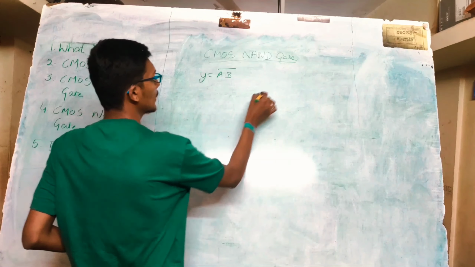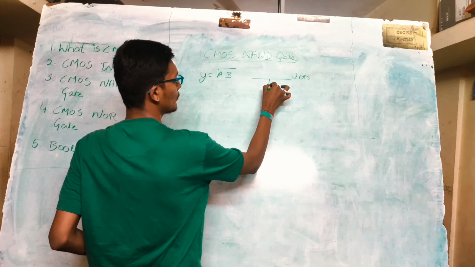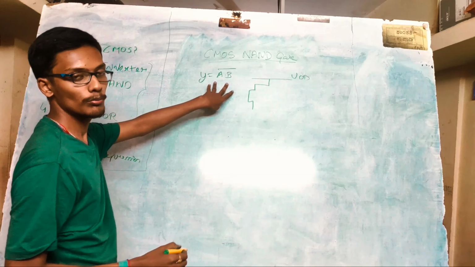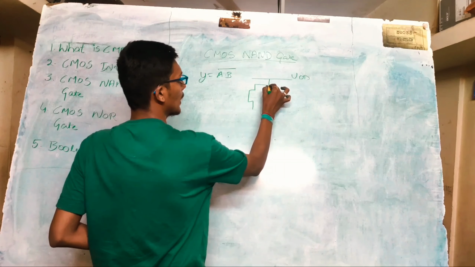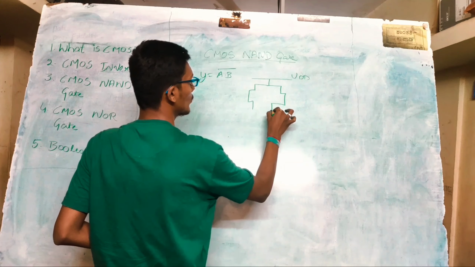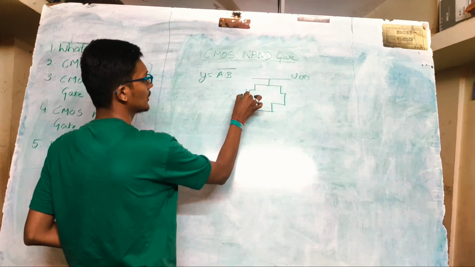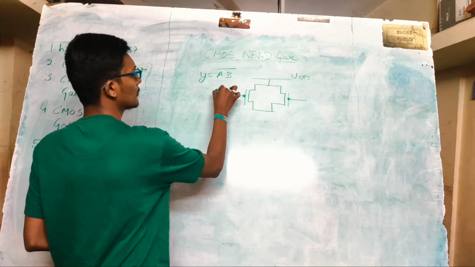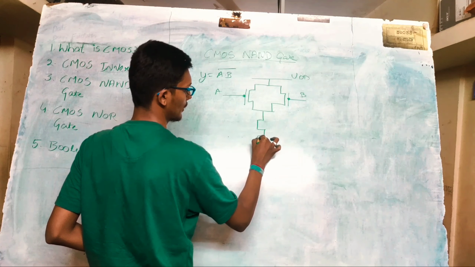So let's implement. I have now my VDD terminal, and I'll be implementing PMOSs. How many PMOS are required? Because I have two inputs, there will be two PMOSs and two NMOSs. I'll have two PMOSs which are in parallel, represented with a bubble. This is my A input, this is my B input, and the NMOSs will be in series.